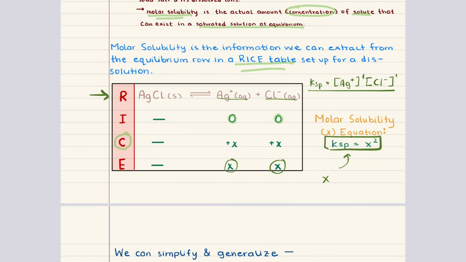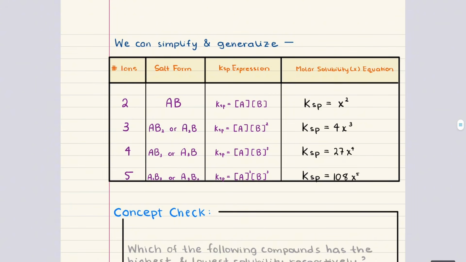If the salt produces multiple ions when it dissolves, then the stoichiometry must be accounted for in the expression. So for example, looking at this table, for a simple salt AB, KSP is equal to the concentration of A multiplied by the concentration of B, and the molar solubility is X squared.